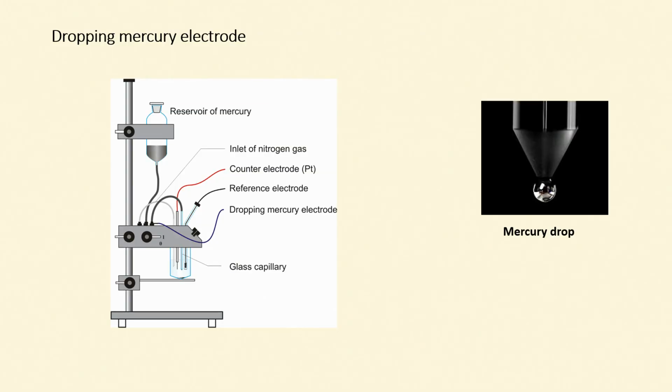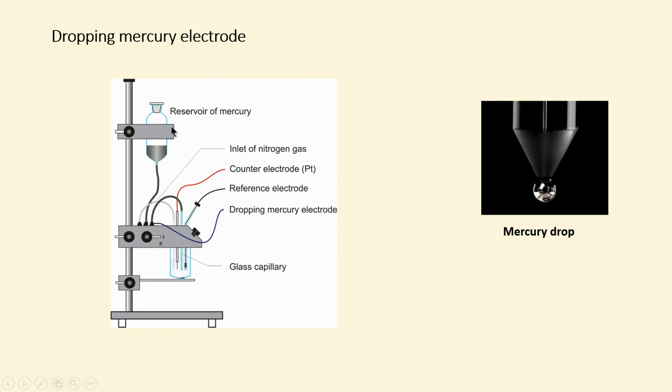Externally what I need is a system to increase the applied voltage, and a system for recording the current. Very simple equipment, on which the technique was developed, and they were awarded the Nobel Prize for this invention.